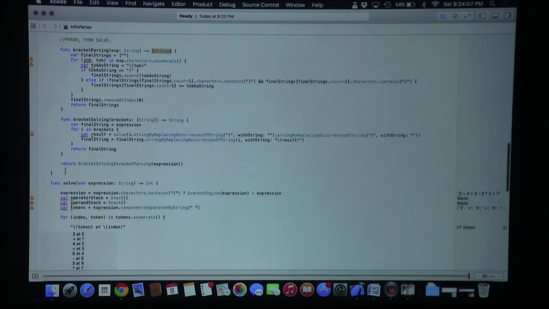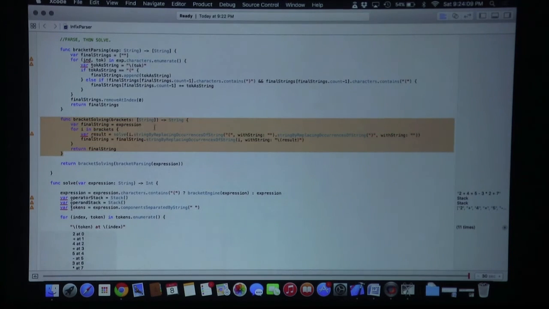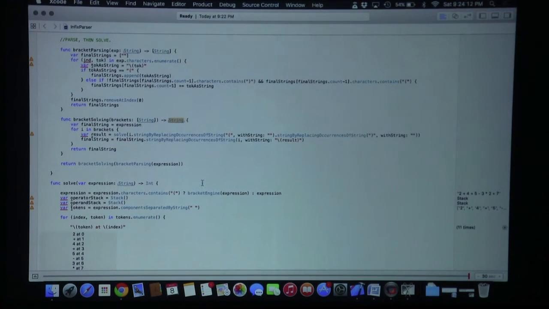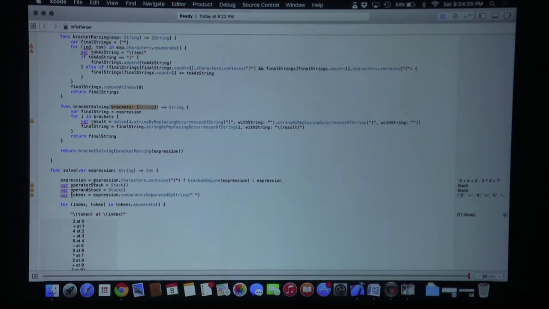Then this bracket solving function will return a string, which is the final expression completely ready to be returned. It will take all the bracket values and solve them using this solve function that I've created. Then it will replace the places where that bracket is occurring inside of the expression with the answer that it got from the solve function. So that's a pretty simple way to explain how it works.